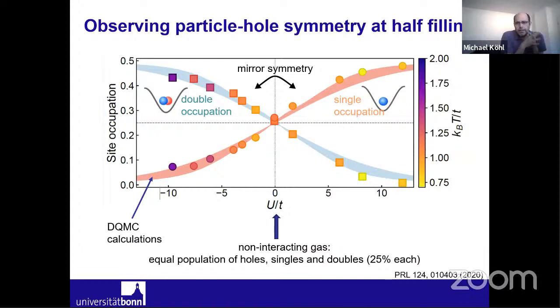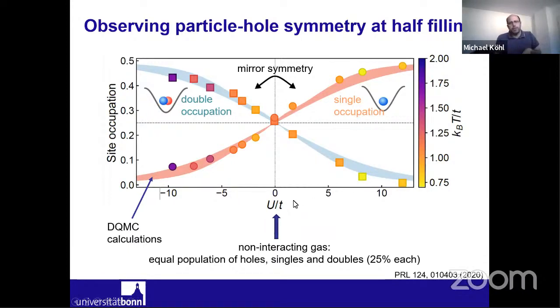There's just statistics, there is nothing there. Now, if we increase the interaction to becoming repulsive, of course, we increase the amount of singly occupied sites and we reduce the amount of doubly occupied sites, and then you go to the right of this curve. And eventually, you reach the Mott insulating state where essentially everything is singly occupied and nothing is doubly occupied.